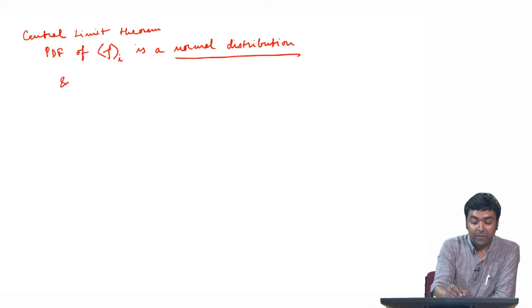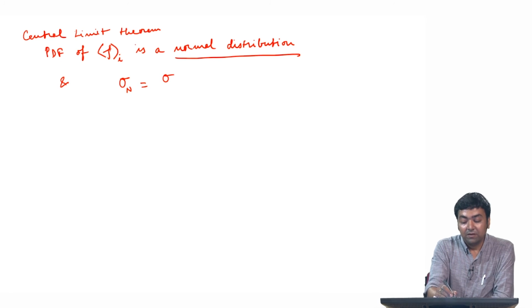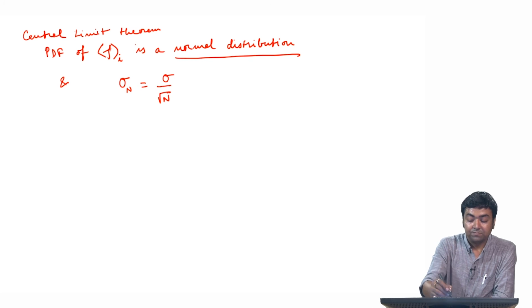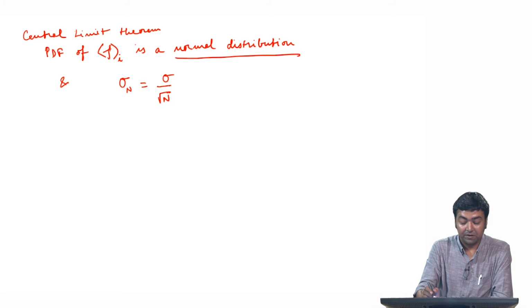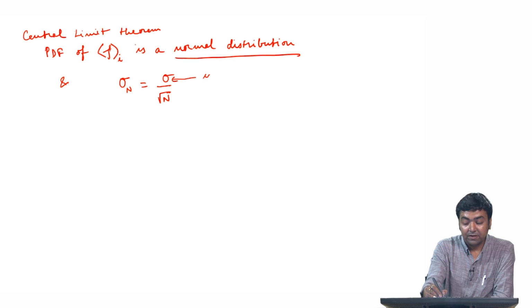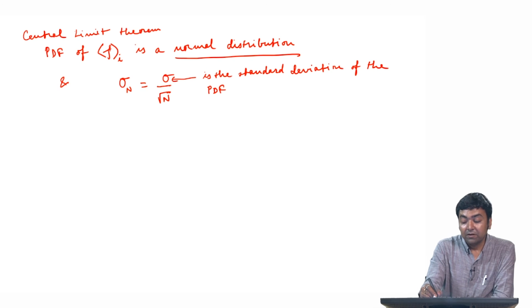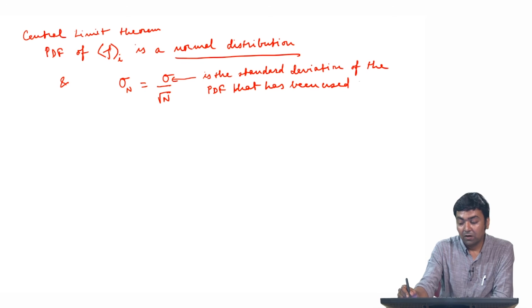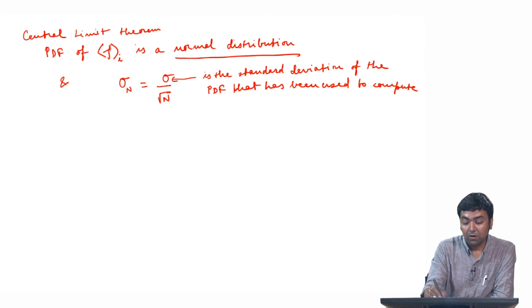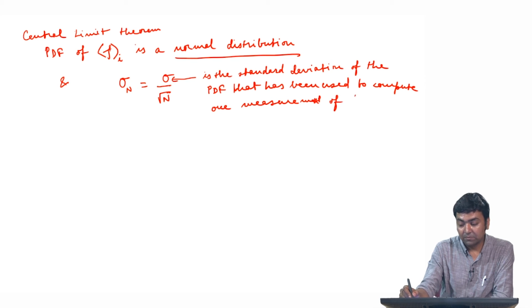So, what it means is that my sigma for this case will be nothing but the standard deviation of the normal distribution function which it is generating, where this sigma without the suffix is the standard deviation of the probability distribution function that has been used to compute one measurement of f_j.